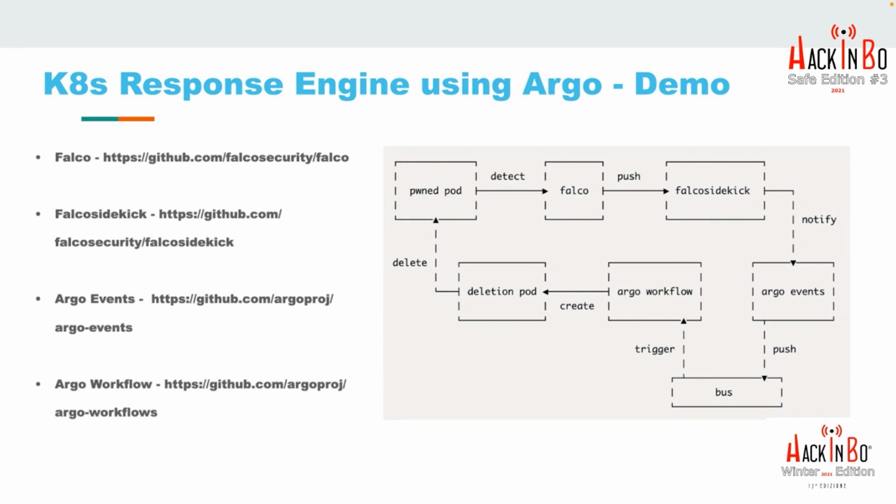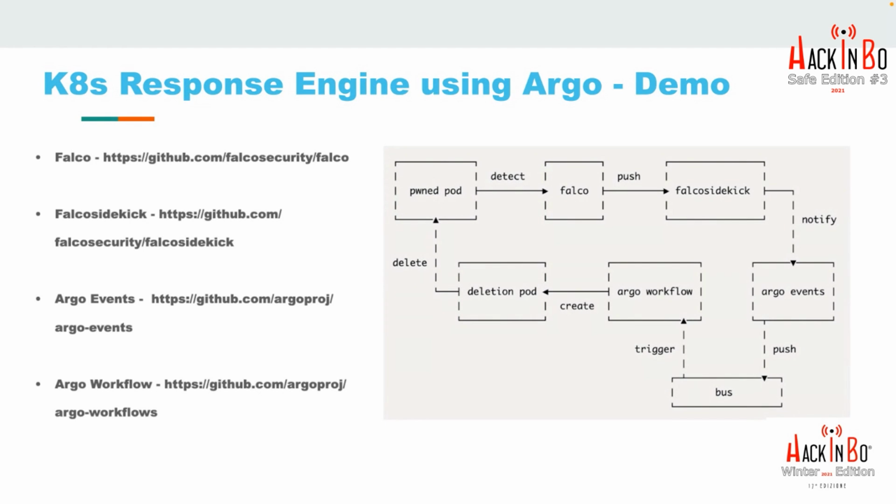So Argo is another CNCF project, and we are going to use mainly two Argo components, Argo Events and Argo Workflow. Argo Events is an event-driven workflow automation framework for Kubernetes, and it basically allows us to automate actions and trigger Kubernetes objects.